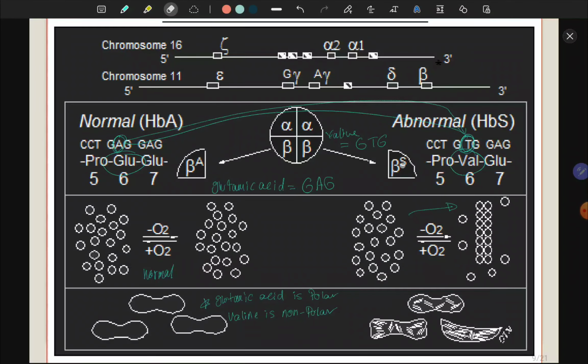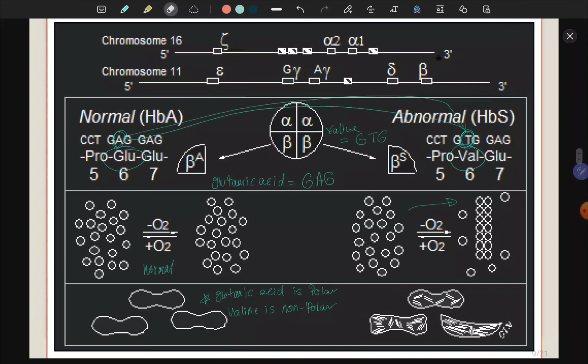In beta-S, there's a mutation. Now valine on deoxygenation, which is non-polar, will form a bond with another non-polar amino acid like phenylalanine or another valine, forming a polymer. When there's oxygenation, the valine will go inside the chain, and it wouldn't be available to form bonds.